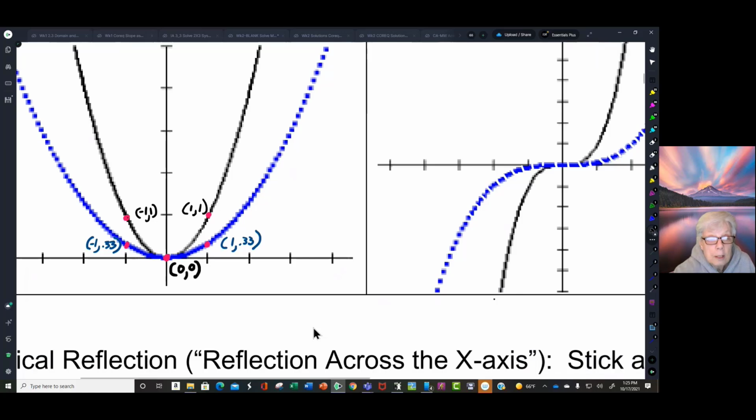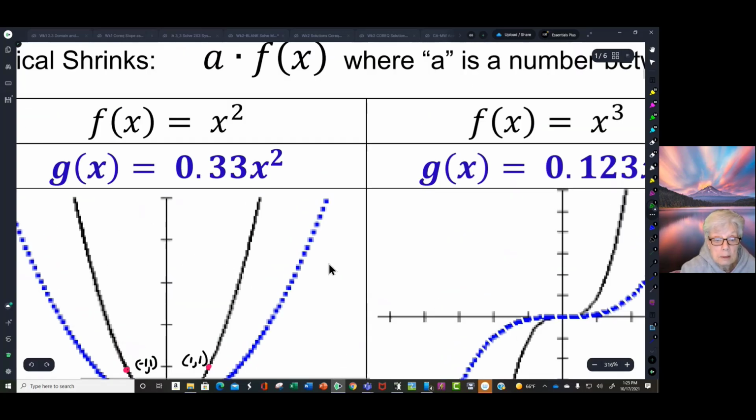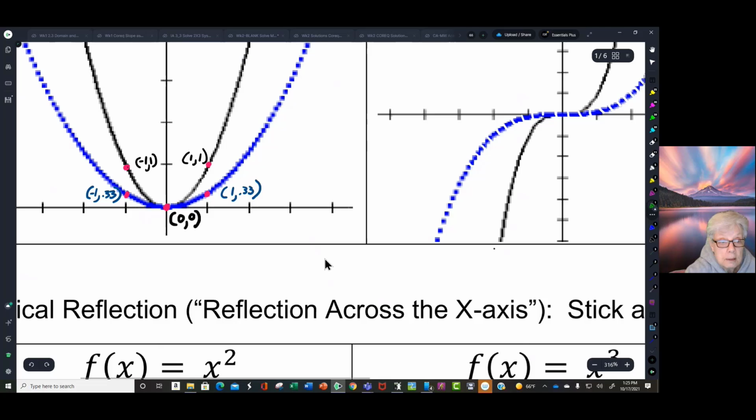So when I multiply, let's do 0, 0 first. When I multiply for this graph right here, which is the shrunk graph, zero multiplied by 0.33 is still 0.